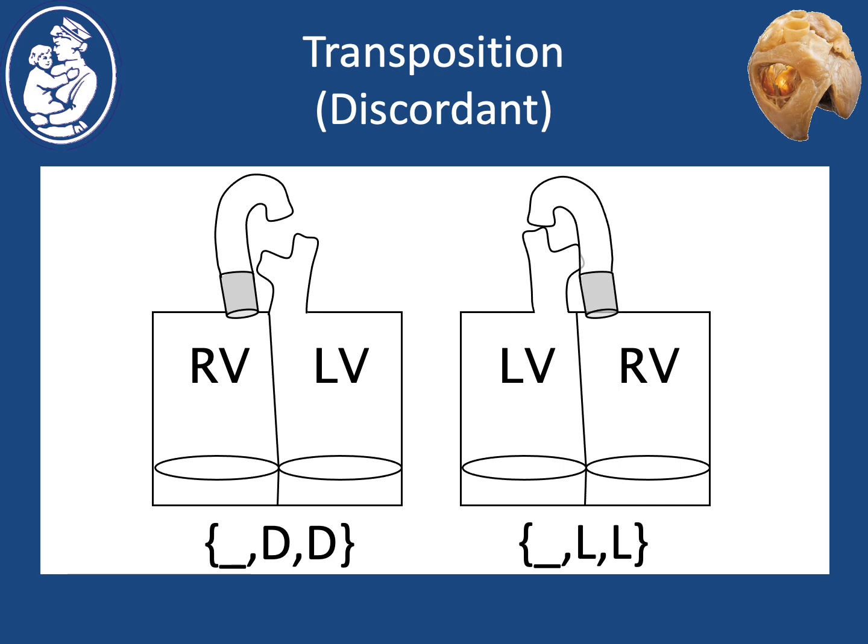As the cartoons illustrate, this can occur with D-looped ventricles as shown in the left panel or L-looped ventricles as shown in the right panel. Most often in transposition, there is a well-developed subaortic infundibulum or conus, while the pulmonary artery is connected to the left ventricle by pulmonary to mitral fibrous continuity.